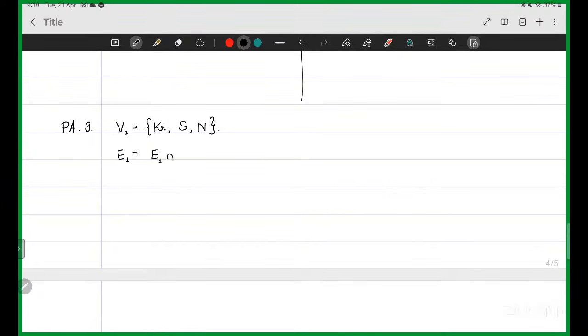E intersection V1 cross V1. It is also described that this is the subset of edges with both endpoints in V1.